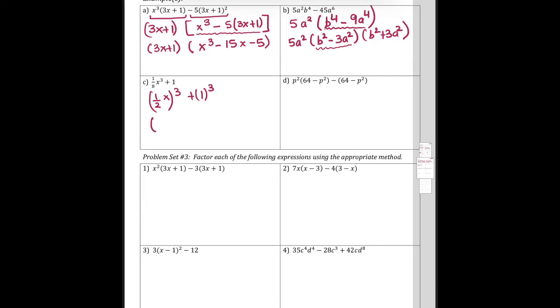And now we're going to set up two parentheses, and I always like to do it as the first base, the second, and I'll do the signs later. Square the first one, so it'll be 1/4 x squared. Multiply the two, so it'll be 1/2 x only, and then square the last, so it'll be 1 squared.